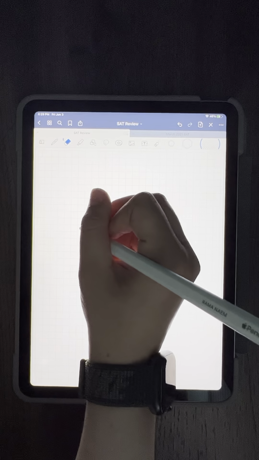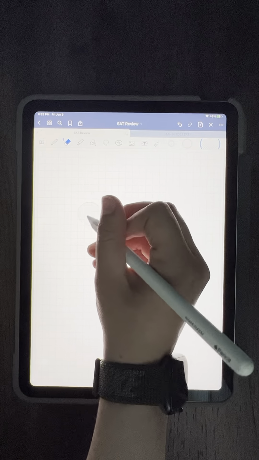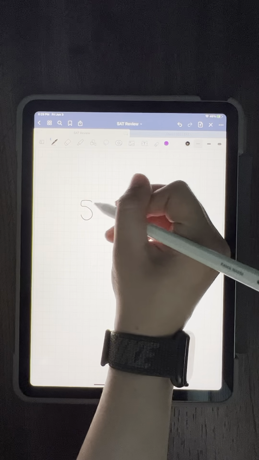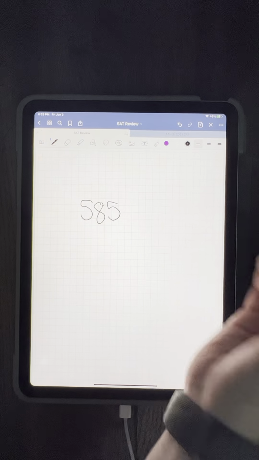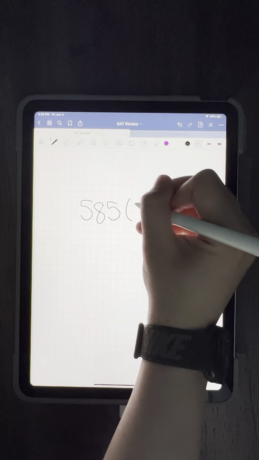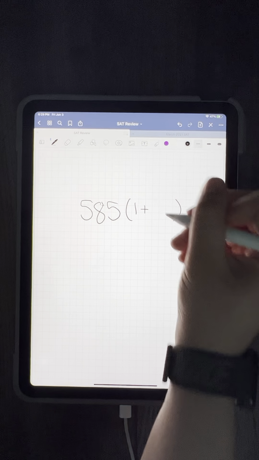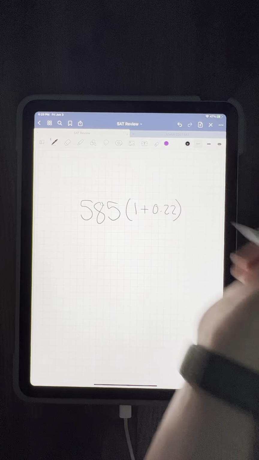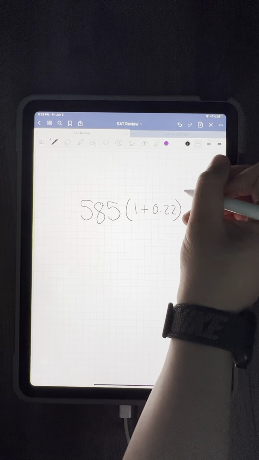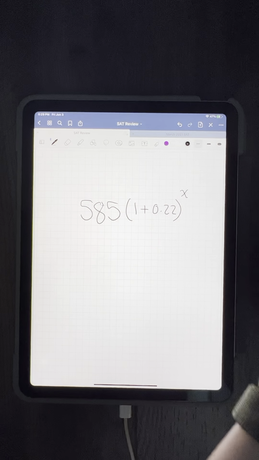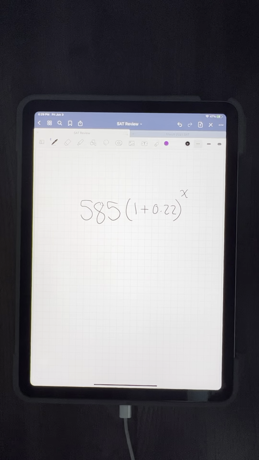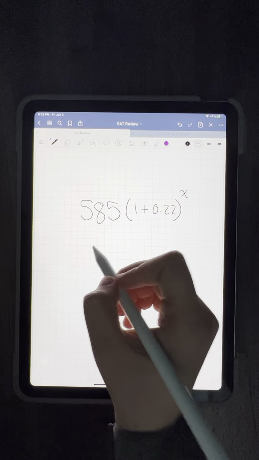So how you do this is you'll say, for example, if you had $585 in your account, you're going to have to multiply it by 1 plus, and if you're increasing by 22%, 0.22. And then this x can be x, it can be t, it can be m, whatever the variable is, but that is going to be how many years, right?